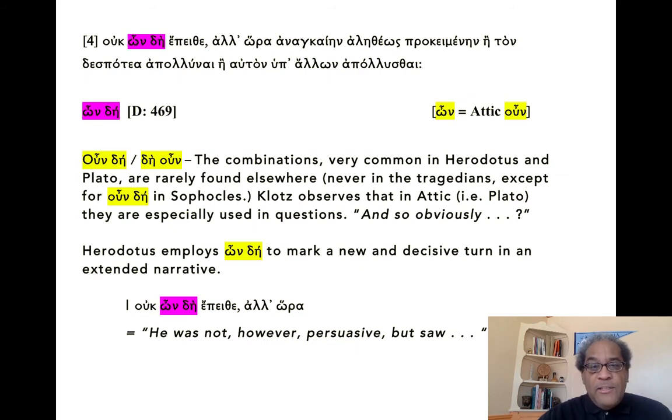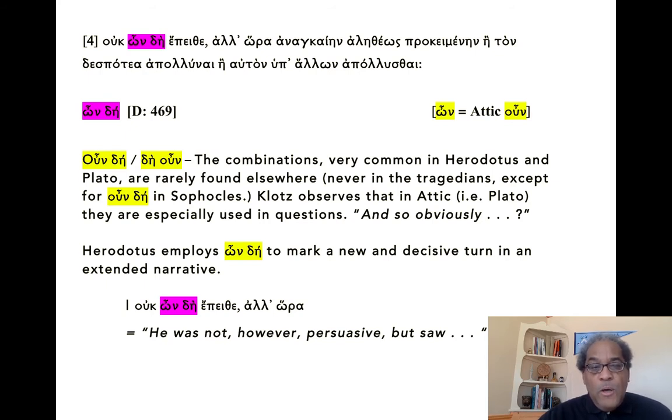Never in the tragedians except for oun de in Sophocles. Klotz observes that in Attic, that is Plato, they are especially used in questions. Okay, and so this is a good example of where, as I said, the particles become rather important to giving you the rhetorical flavor of what's going on in Plato. Herodotus, on the other hand, employs ōn de to mark a new and decisive turn in an extended narrative.